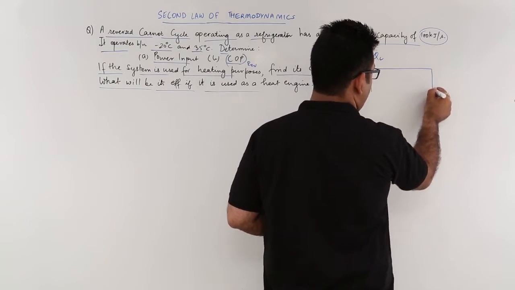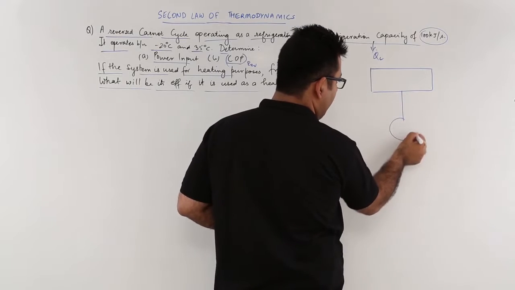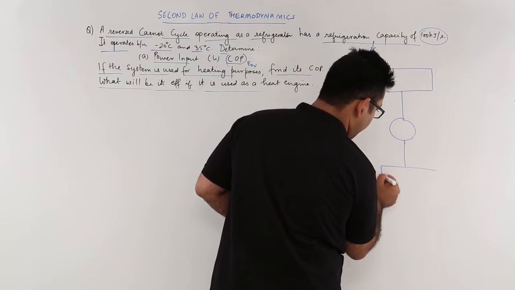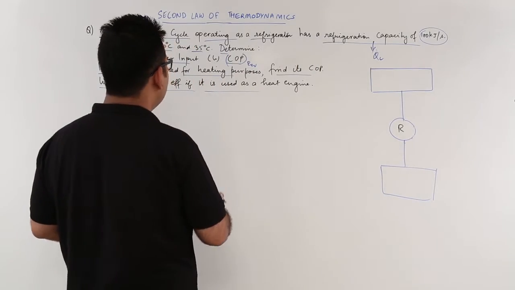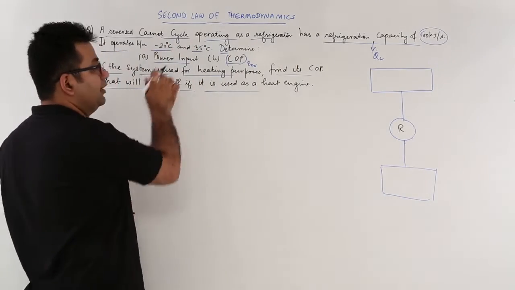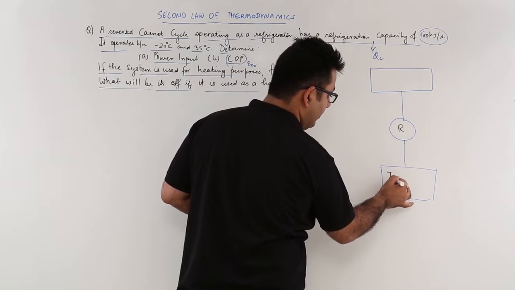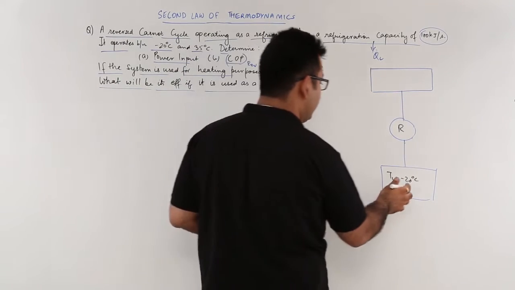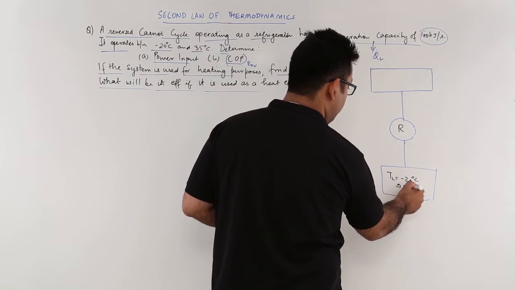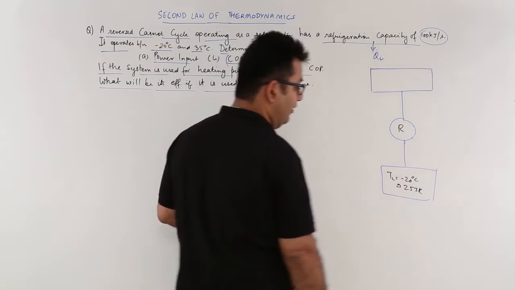So the very first step should be to draw a schematic diagram for the given data. This is the refrigerator and it is operating between minus 20 and 35. So this is TL, which is minus 20 degrees Celsius, which is 253 Kelvin.